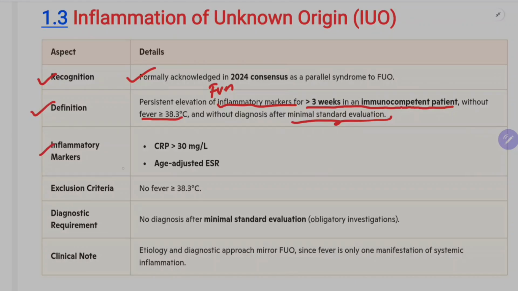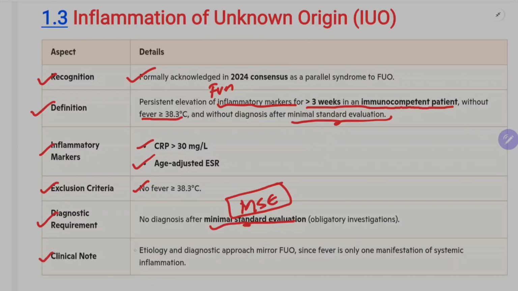So what are the inflammatory markers? CRP should be elevated more than 30 milligram per deciliter, or there should be elevated ESR adjusted according to the age. Exclusion criteria: there will be no fever of more than 38.3 degrees Celsius. Diagnostic requirement: no diagnosis after minimal standard evaluation, MSE, meaning minimum set of investigations, obligatory investigations.